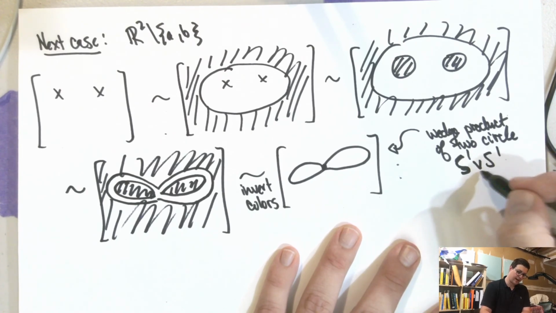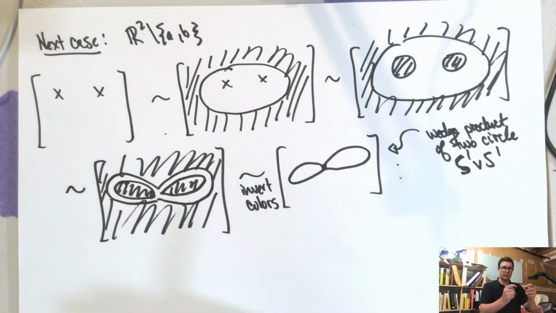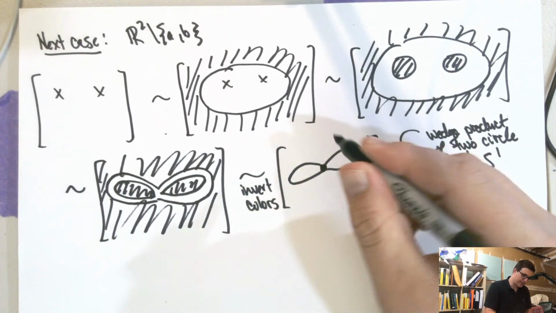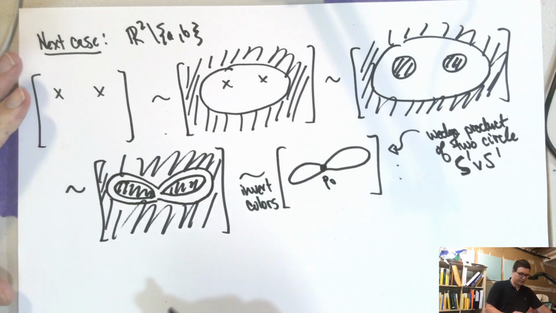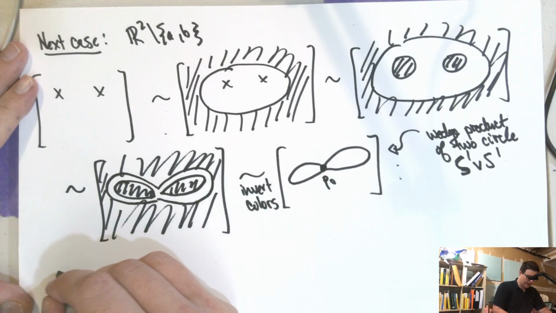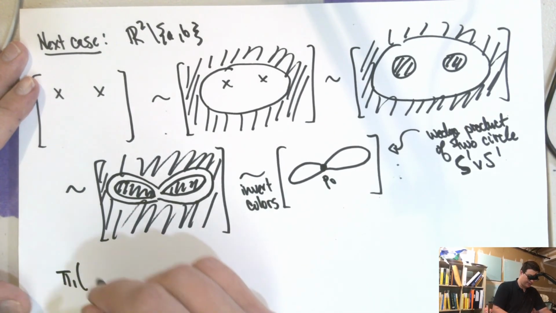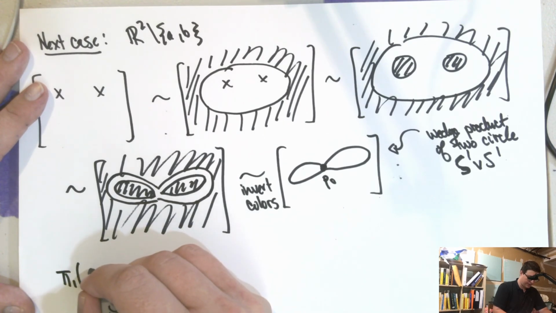Okay, this is the operation that you have. So it means glue along a common point. And we could say that this common point is maybe P naught. Okay, and so what does the fundamental group of this thing look like? So pi 1 of S1 wedge S1.